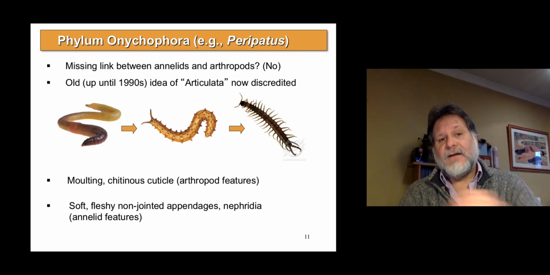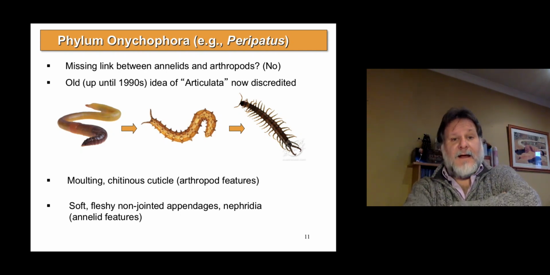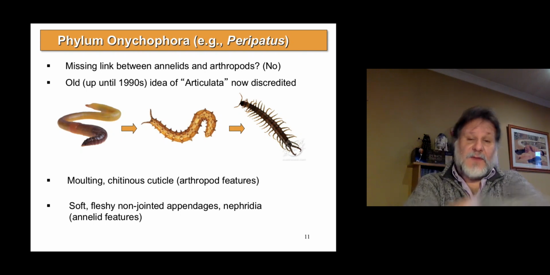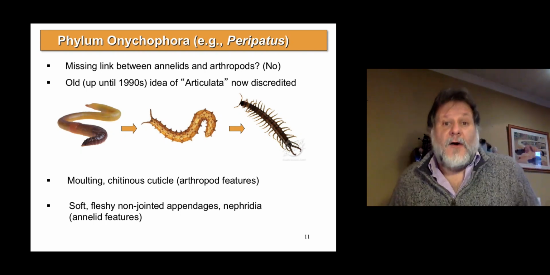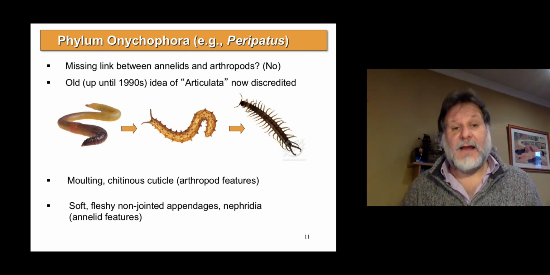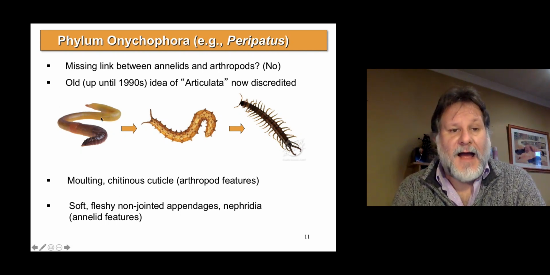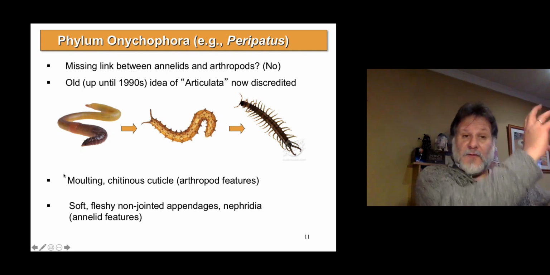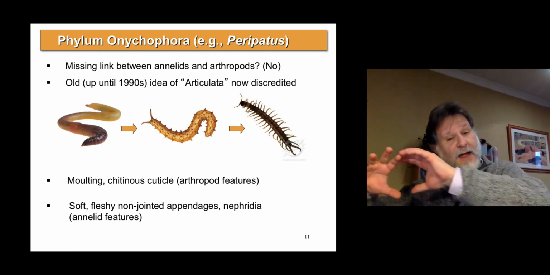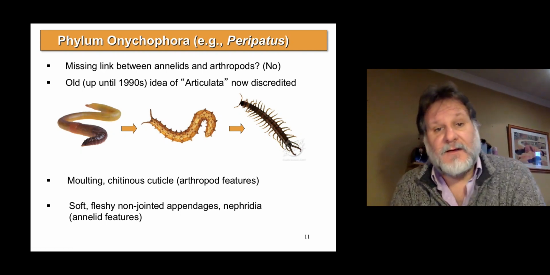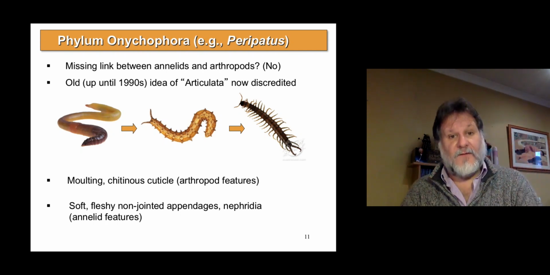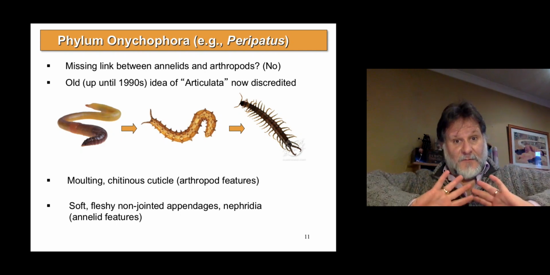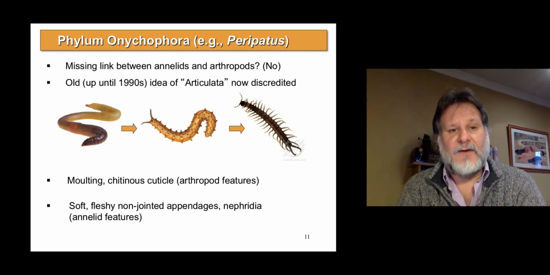And in the late 1990s, it became apparent with the new molecular phylogeny of animal phyla that annelid worms were part of the Lophotrochozoa, and arthropods were part of the Ecdysozoa, so a completely different major clade of animal evolution.